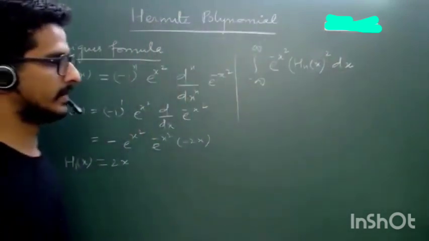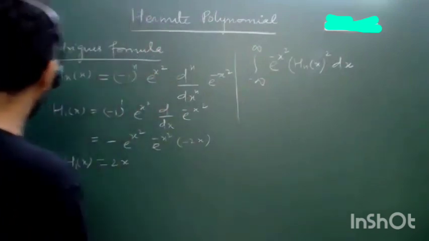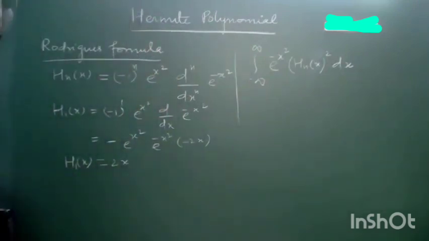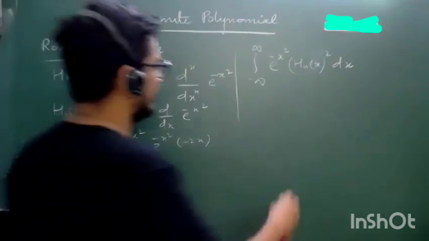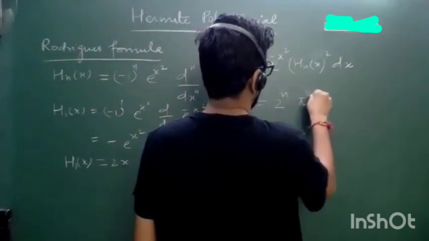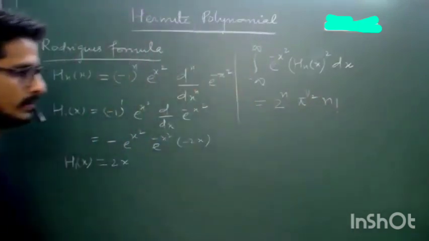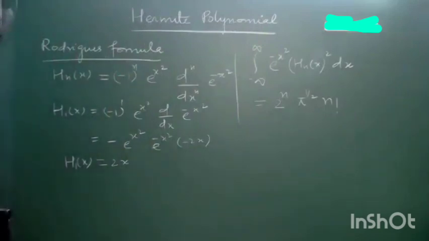Like in the previous polynomial, here also if such a function is given, we can directly write the value, that is 2^n pi^(1/2) n factorial.